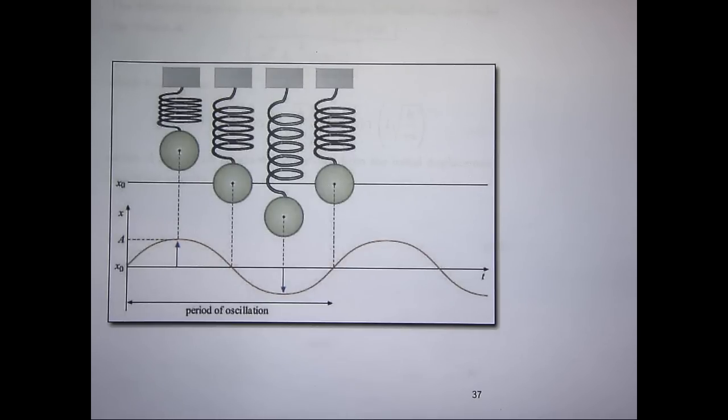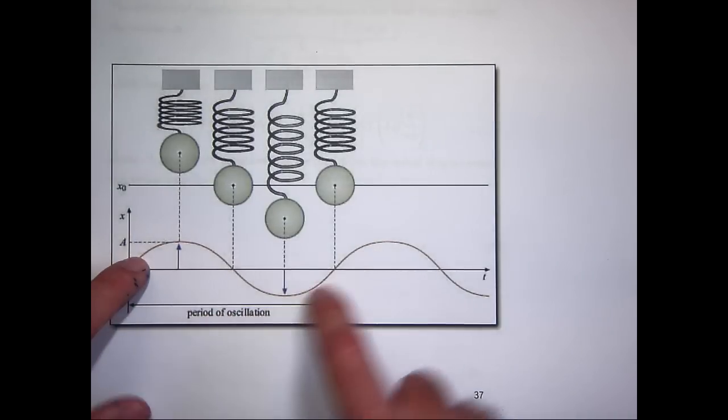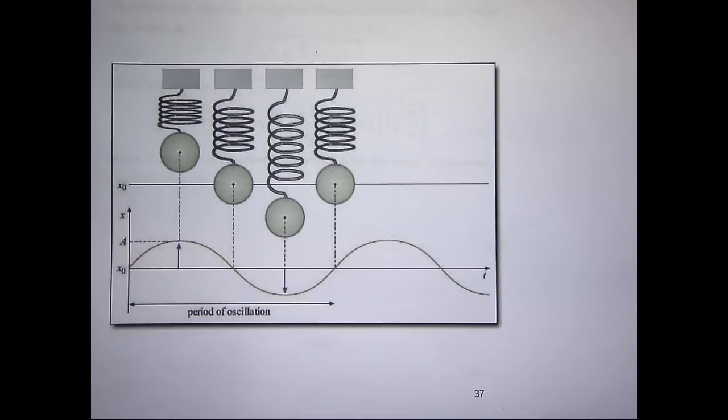Now, is this an accurate model of what happens when you set a spring mass system in motion? No, not really. Why not? Under this model, the spring would just keep bouncing up and down forever.